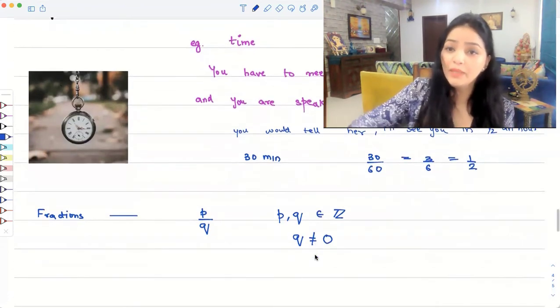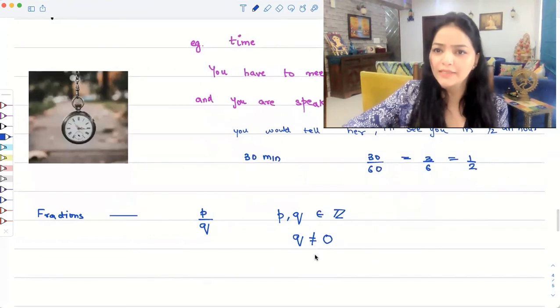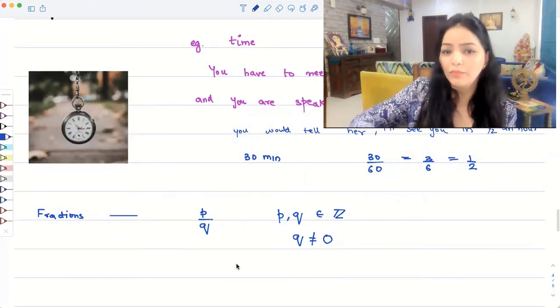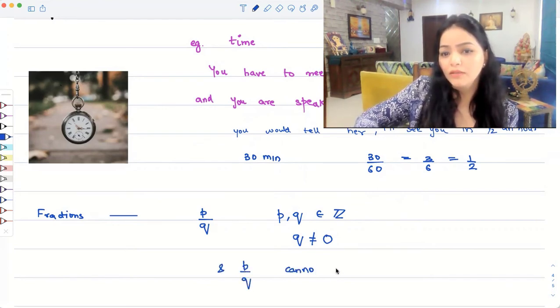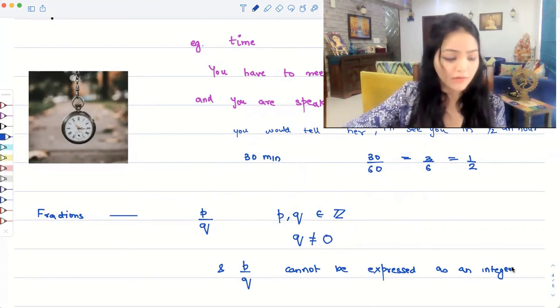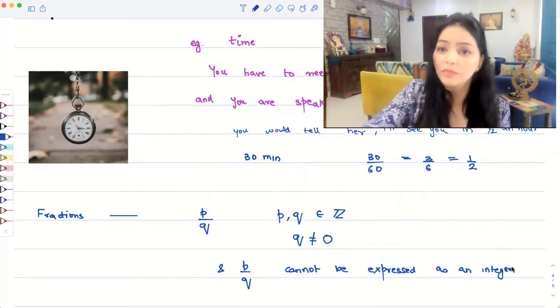When P by Q cannot be expressed as an integer, then it is called a rational number or a decimal value.